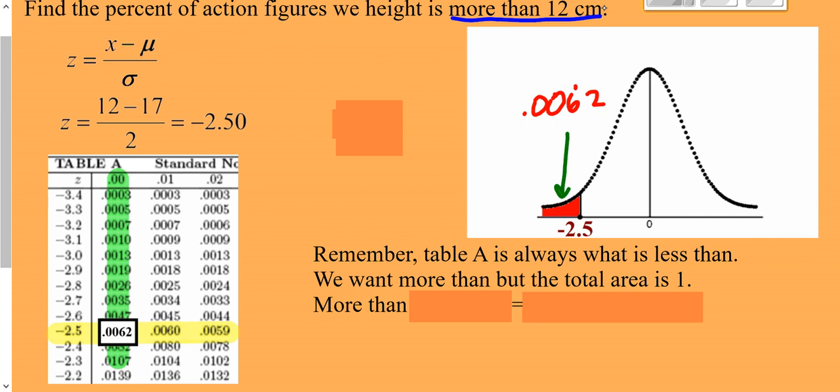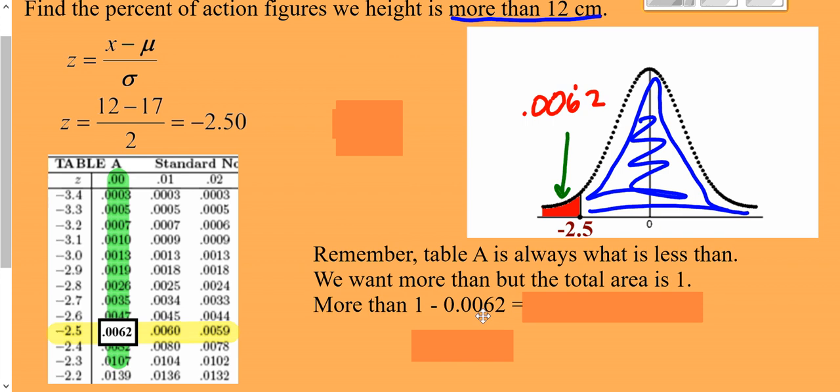That means what we have here in red is less than. We want more than, so that would be all this area right here. Well, remember, the whole area is 1. So to figure out the blue, if you know the red, just subtract the red from 1, and it tells you what's left over for your blue.